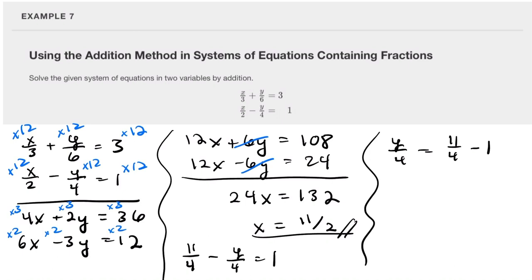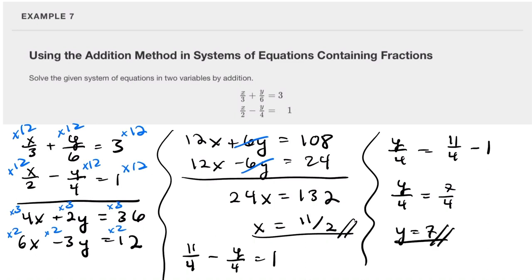Okay, 11 minus 4 is 7. So we get y over 4 equals 7 over 4. Is that right? I feel like I made a mistake somewhere. So then we're getting y equals 7.